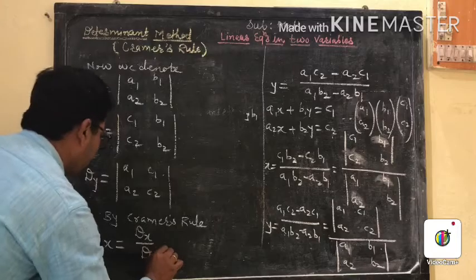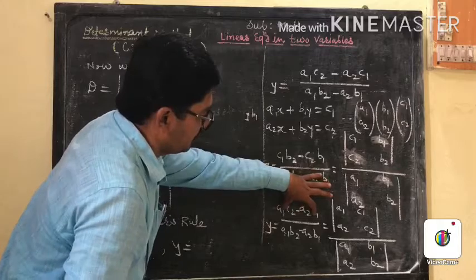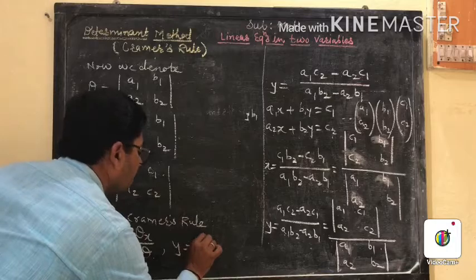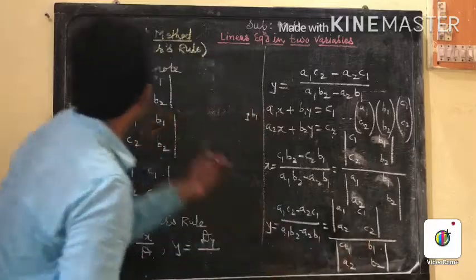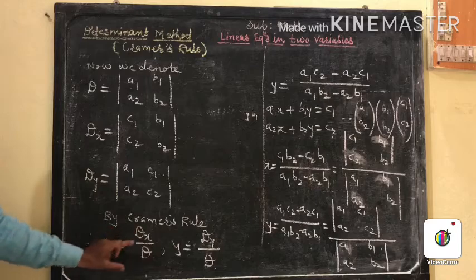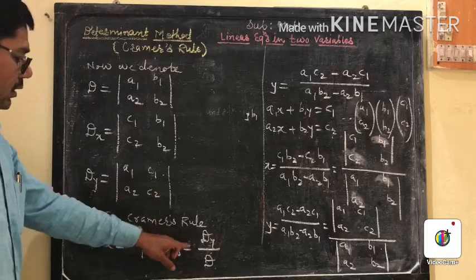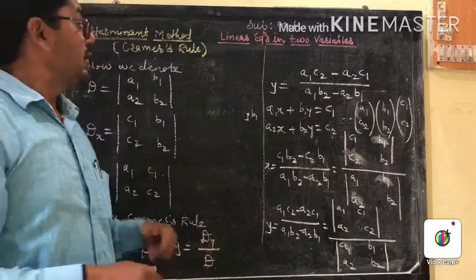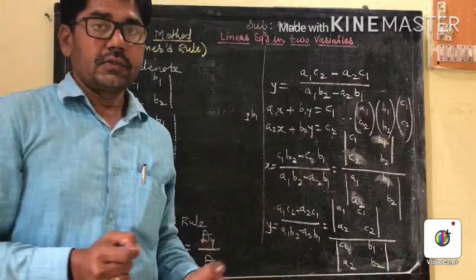And y is equal to Dy upon D. By finding the values of Dx, Dy and D, we get the values of x and y of the simultaneous linear equations in two variables. Now we are solving some simultaneous linear equations by this method.